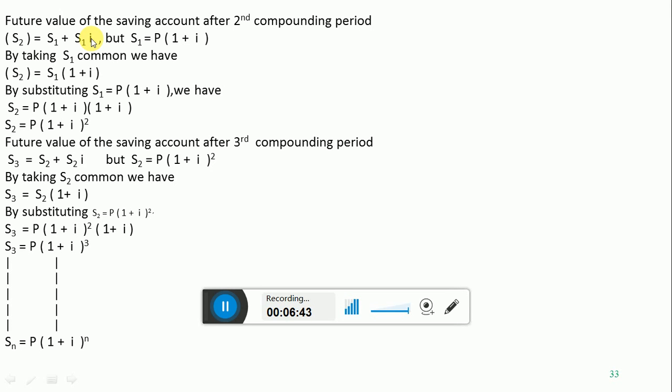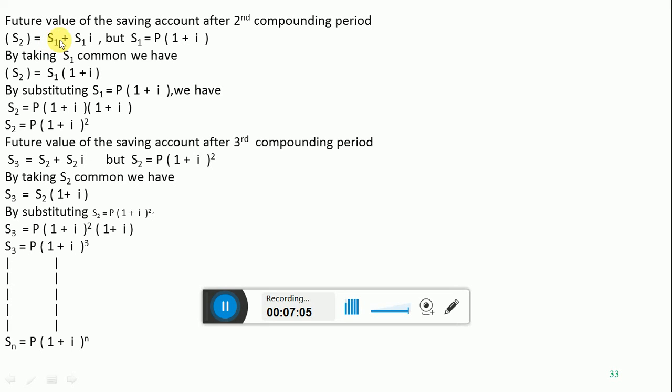But now, when we compute the future value of the saving account for the first period, the interest earned is added to the principal amount and the principal amount now changes. So that is why I change the symbol for the principal amount in the account in the second time period also.